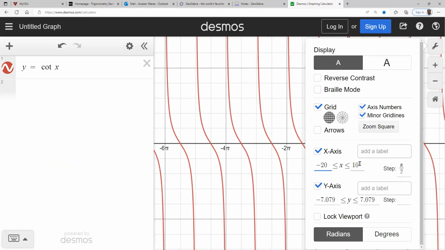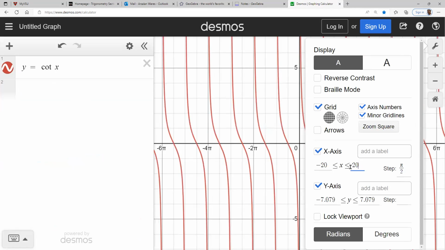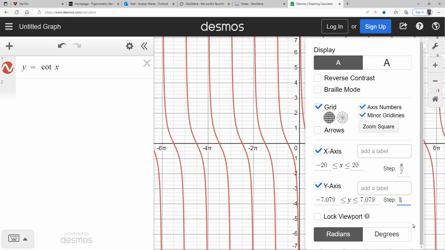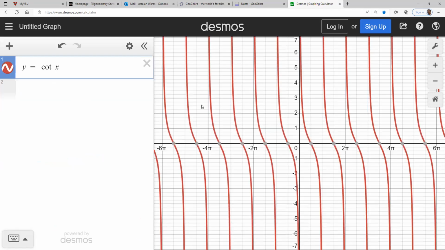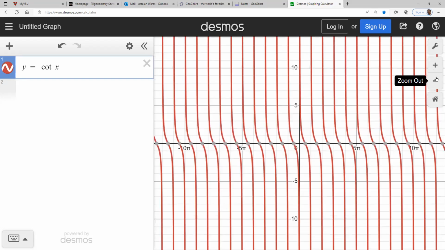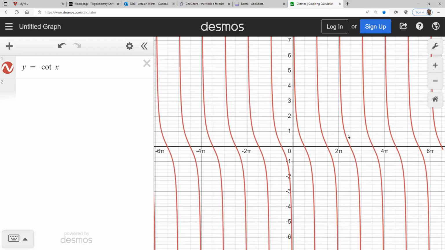Of course, I'm going to play with it, but this is the main graph. Cotangent x looks like this. You can zoom more. This is roughly what it looks like.